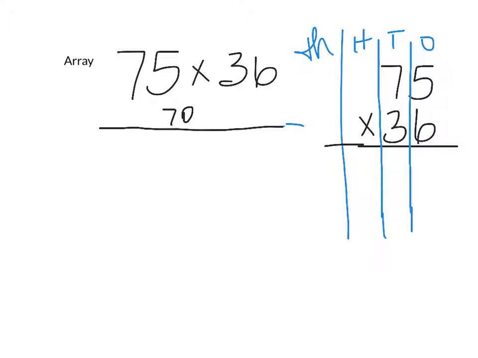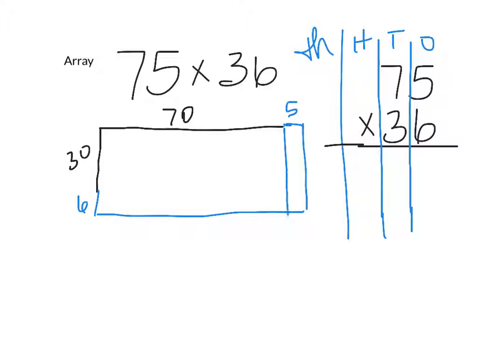and my 5, 70 plus 5, and then I'm going to do 30 plus 6, and then I can build out my array.